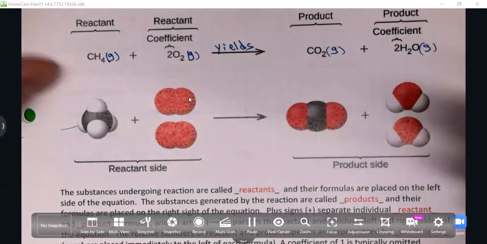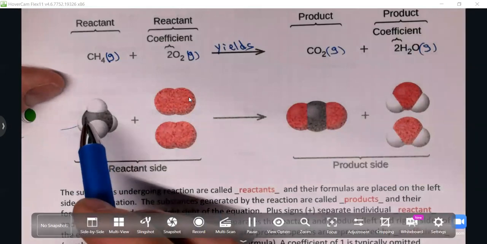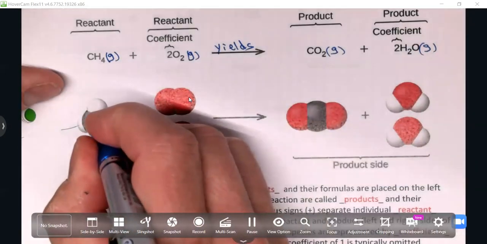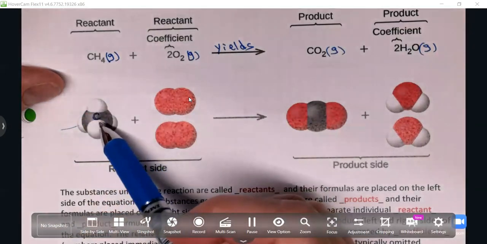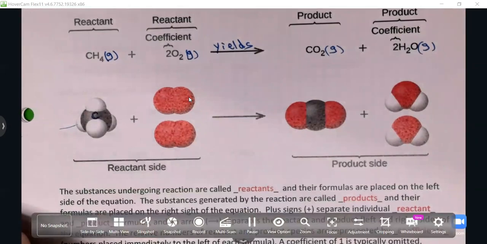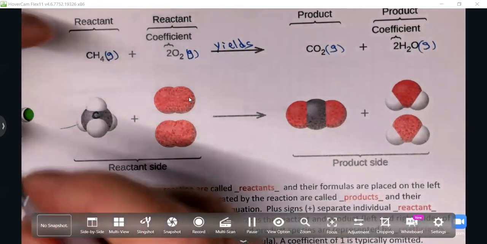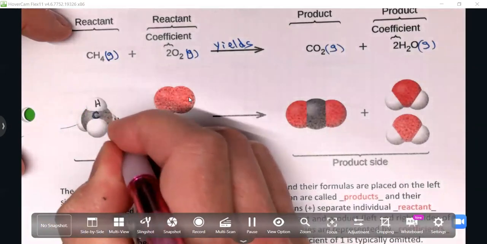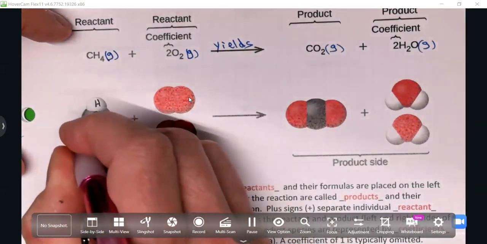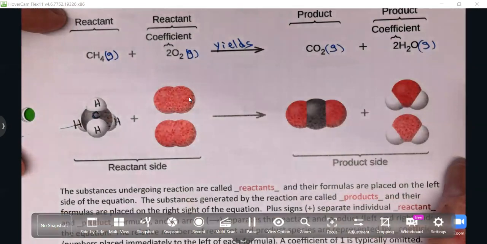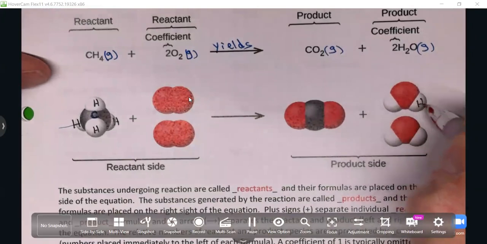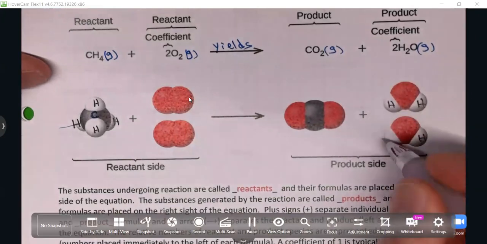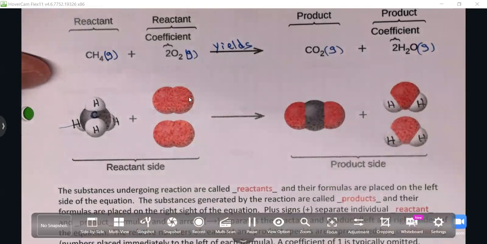Okay, so here's what we've got. We know that this right here is a carbon based upon what this looks like. And then we have hydrogen, hydrogen, hydrogen, and a hydrogen. So if the whites are hydrogen, then we know we've got hydrogen here, hydrogen here, hydrogen here, and hydrogen here.